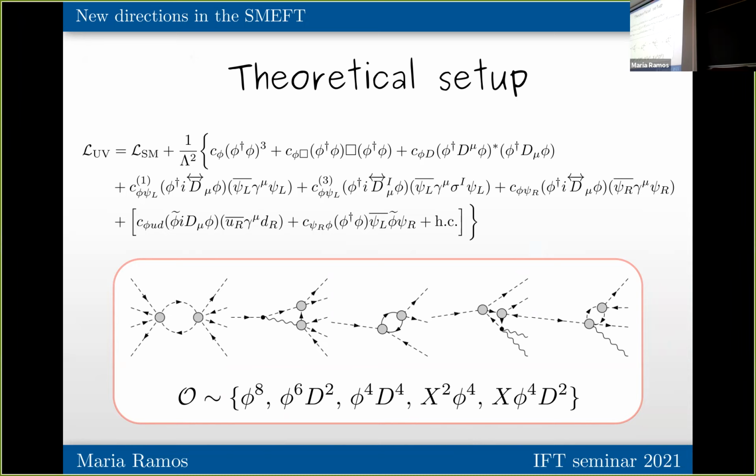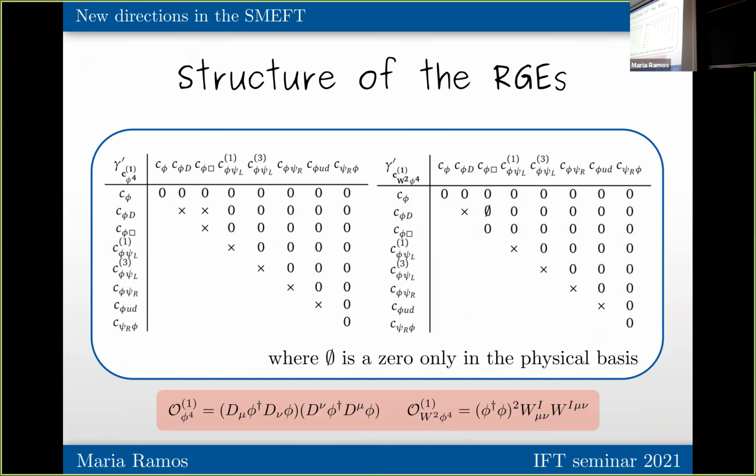I won't bother you anymore with details of the calculations, and I just wanted to show you some results. Here I'm showing the structure of the anomalous dimension matrices for some particular cases of operators, which are defined below. You can see that there are many zeros, just because, for instance, we cannot build diagrams using some combinations of dimension 6 couplings. Here the cross denotes entries which are non-vanishing.